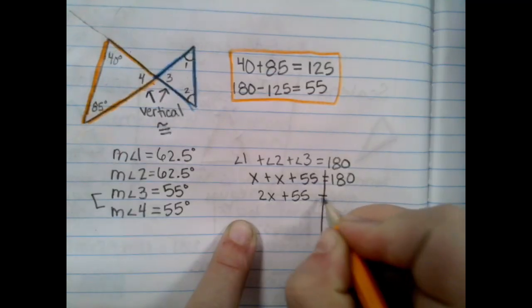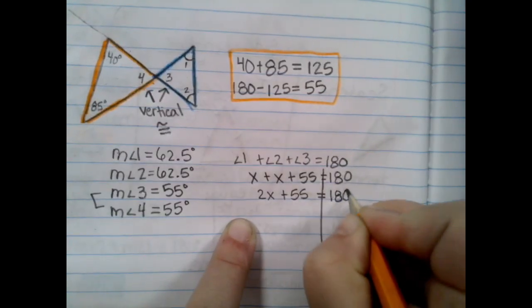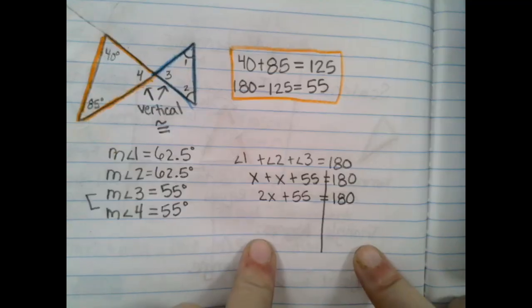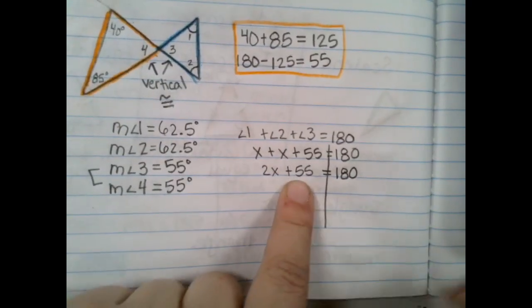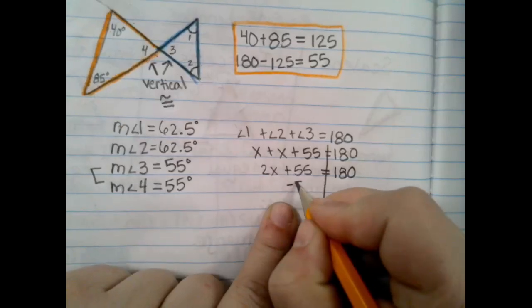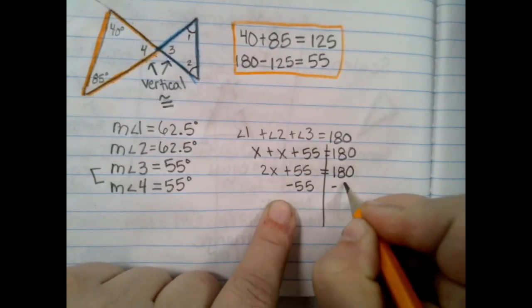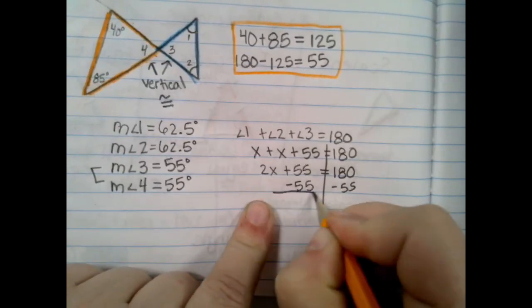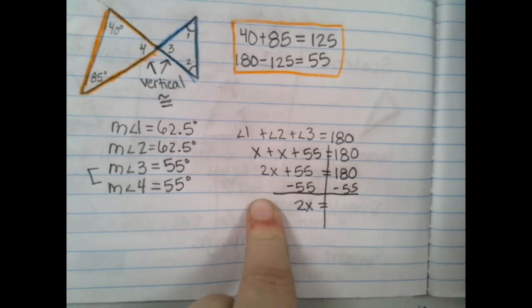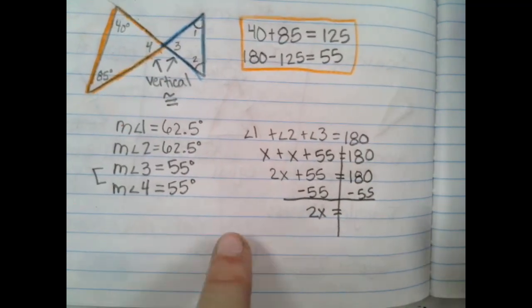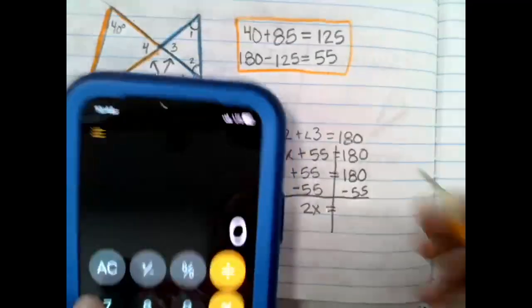So this is really where I picked up here. And this is what I just did in my calculator, was this part here. We took 180 and we took away the part we know. So we subtracted 55. And then 2x equals, I don't remember what that was. 125.